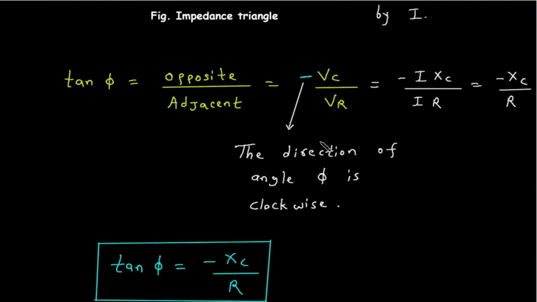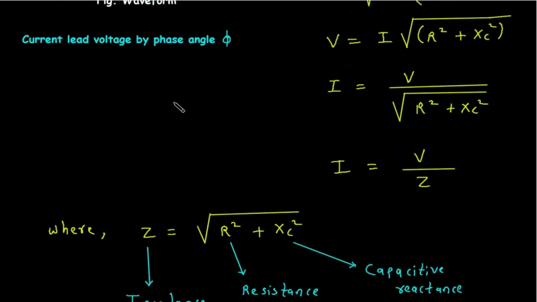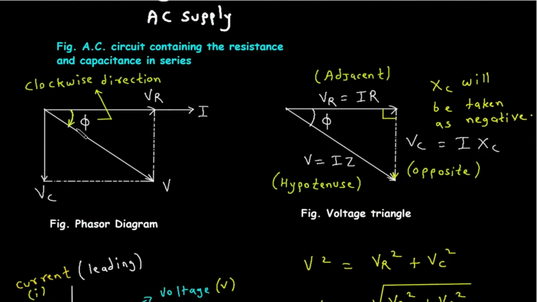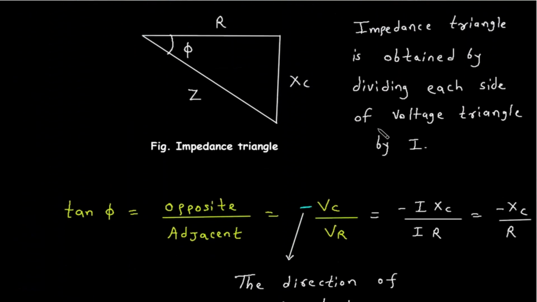The direction of angle phi is clockwise, like this. So that's why this VC is taken as minus.